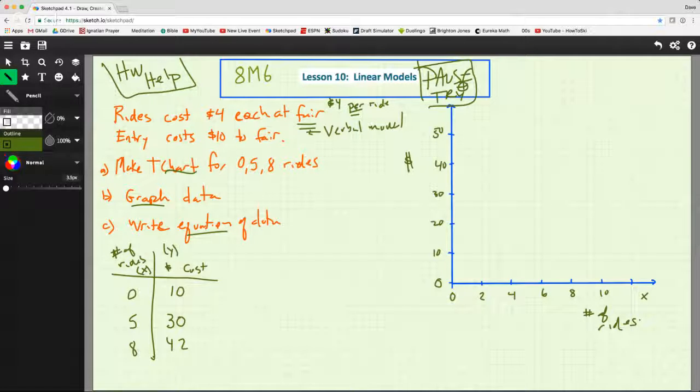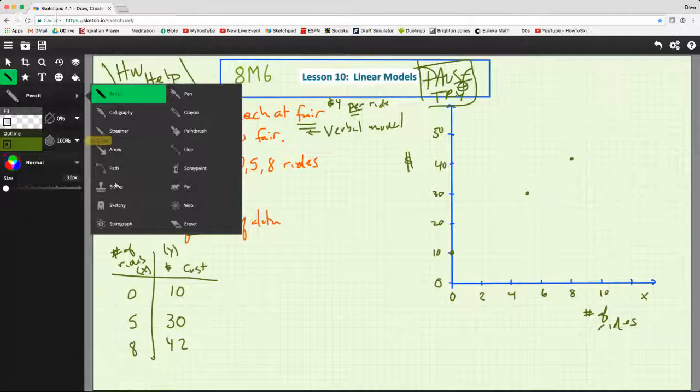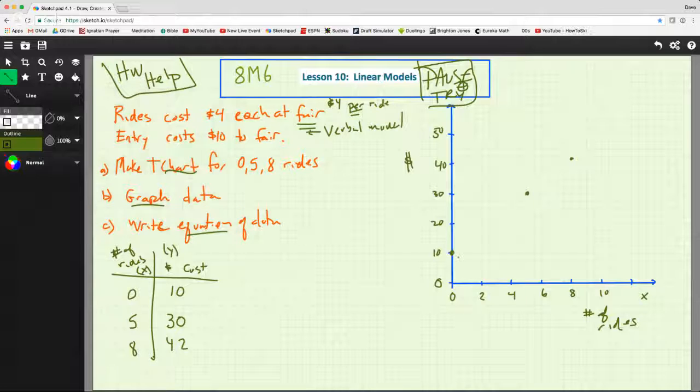So we're going to graph our data. 0, 10, 5, 30, and 8, 42. Make our nice line. And we're done with our graph.